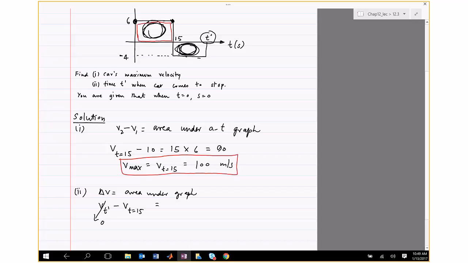So that's going to be 15 times t prime times the height, which is minus 4. Okay, so what's the velocity at time t equals 15? It's 100. I just found it in the previous step. So that's minus 100 equals 15 times t prime times minus 4. And if you do the math on that, t prime comes out to be, I think I get 40 seconds.